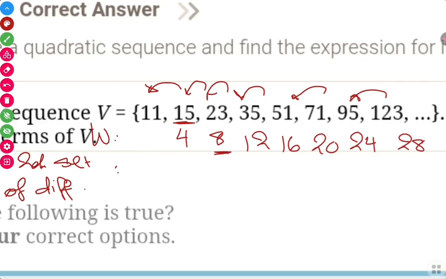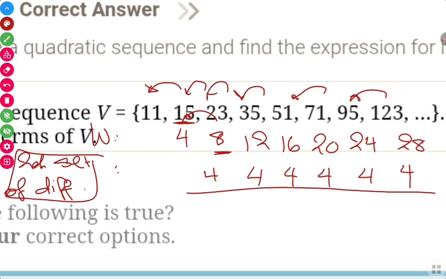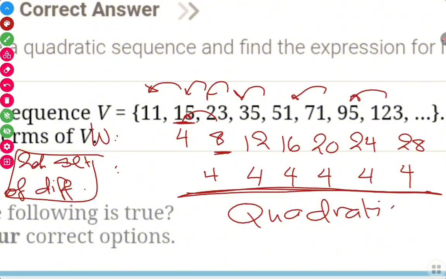We always skip the first number. 8 minus 4 is 4. 12 minus 8 is 4. 16 minus 12 is 4. 20 minus 16 is 4. 24 minus 20 is 4. 28 minus 24 is 4. So as you can see, the second set of differences is equal. If the second set of differences are equal, that means this sequence is quadratic.